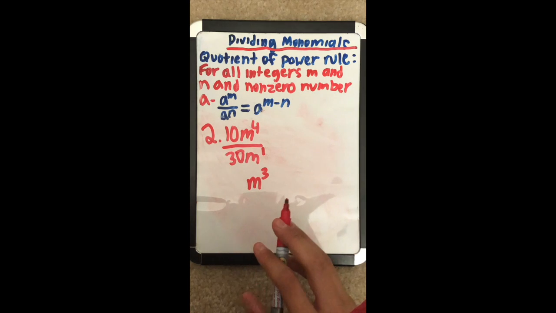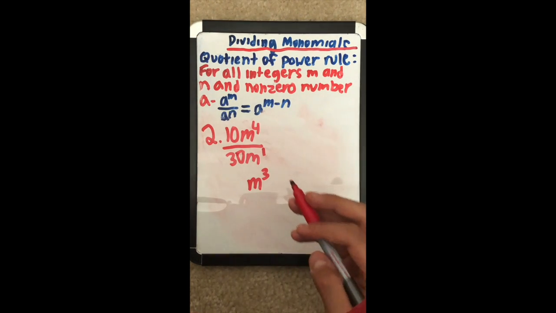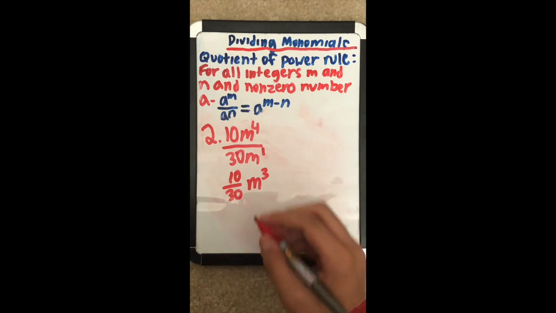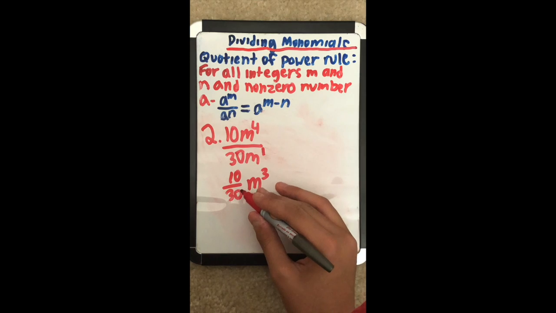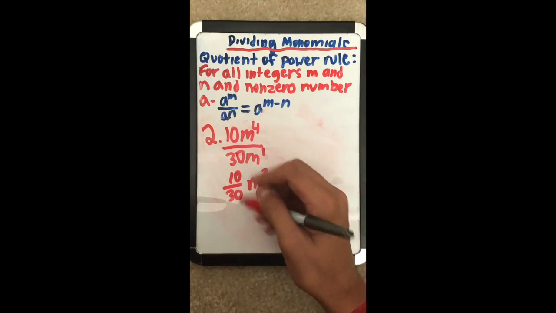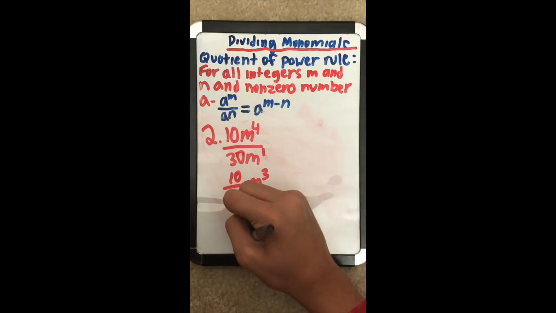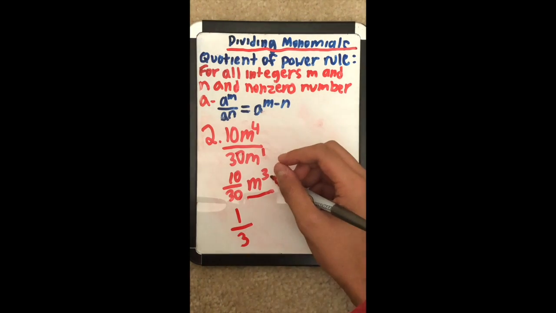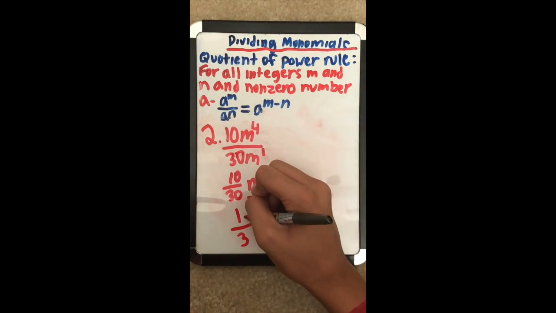Now we want to look at the 10 and the 30. We're just going to bring down the 10 and the 30, and you want to simplify them so you can actually x out the zeros. So it would be 1 over 3. And since the m to the power of 3 is positive, you want to bring that to the top.